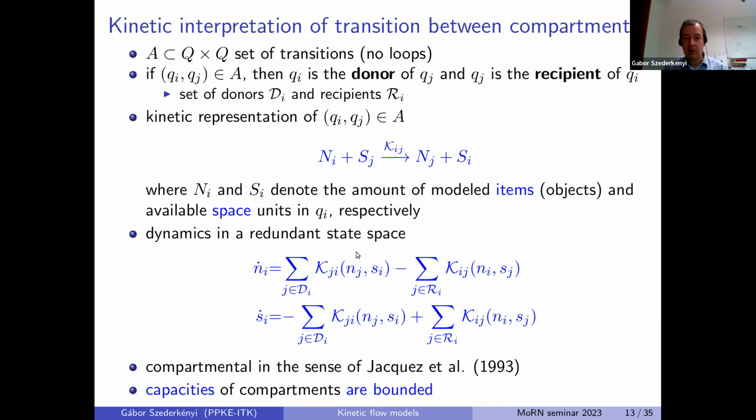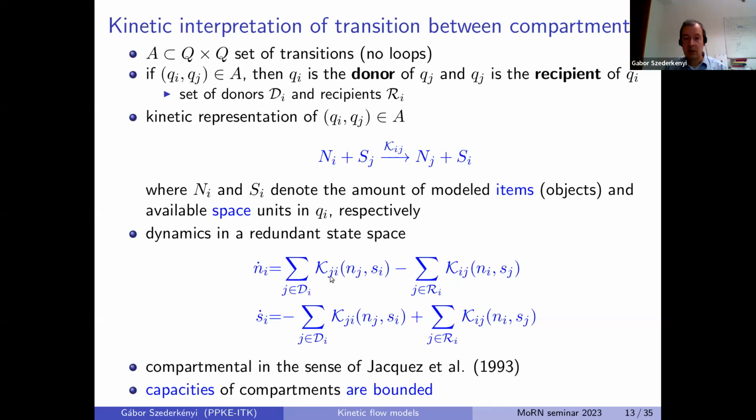You can see that this depends on the concentration or number of objects and also on the amount of free space. Of course, this is a redundant state space, because the equation of the space linearly depends on the equation of the objects.